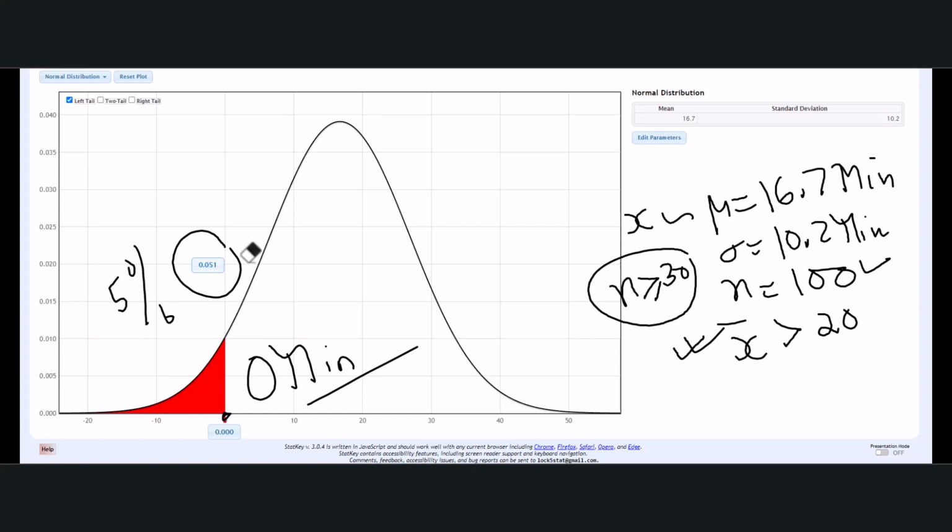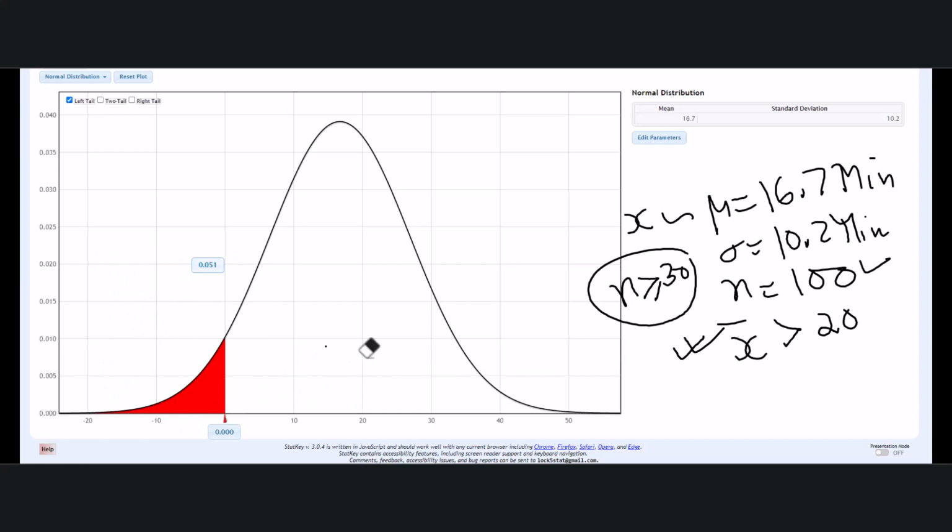All right, so let me erase this writing here. And then we will go for the part that we are curious about. Let's erase this also, and look at how the distribution of X bar will look. So for X bar, we will have a normal distribution because of the central limit theorem.